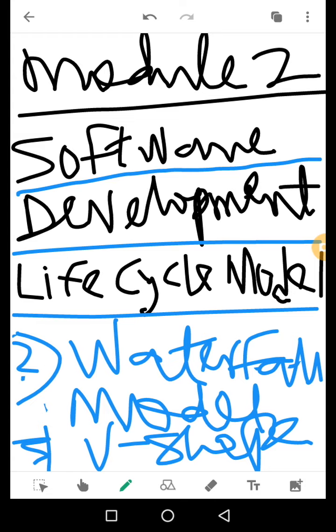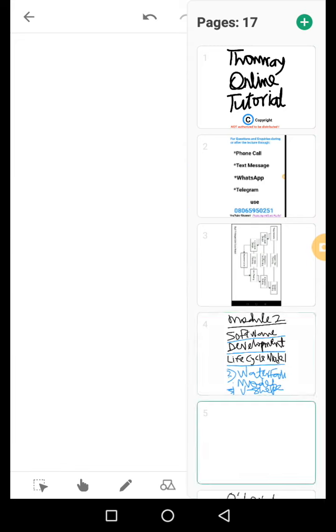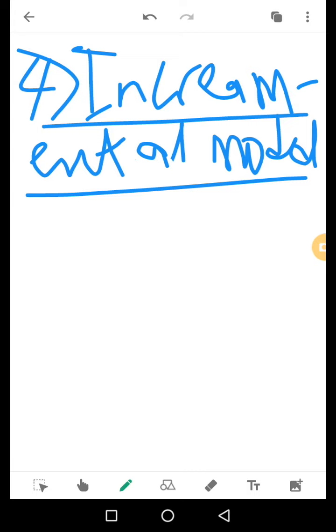Okay. So we want to have a look at the fourth model, and this one is called the incremental model. Let me open another page. Incremental model, number 4 now. When we say incremental model, it's just an intuitive approach to the waterfall model.